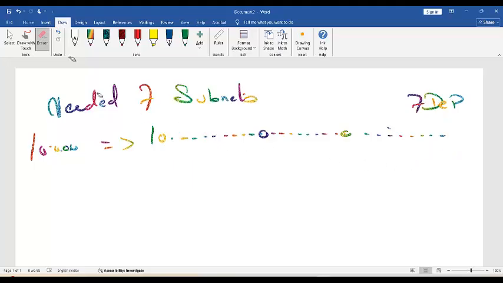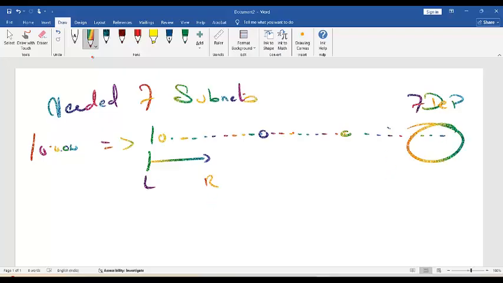When you are taking bits for network, it always grows from left to right. So if you're going to borrow some bits, you cannot borrow from here for networking. It should be from here. But how many is the next question.